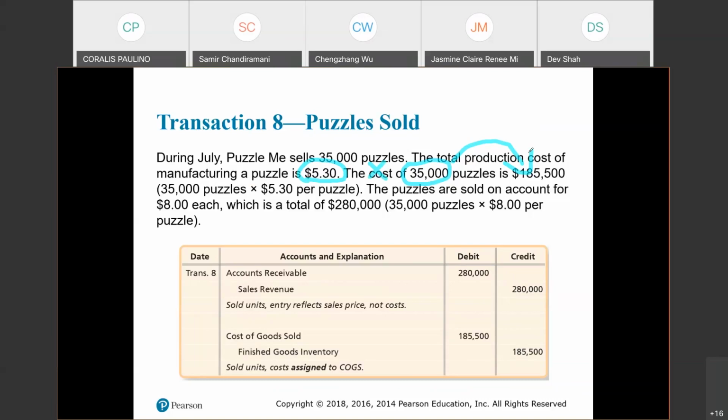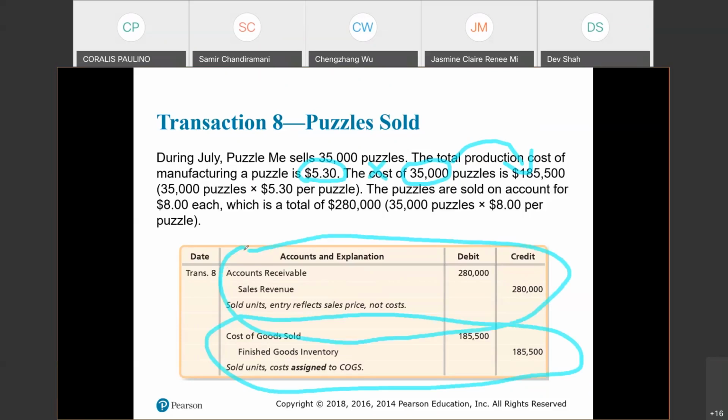One is to record the revenues, and the other one is to record the cost of goods sold. So for the COGS, we do this journal entry, and for the sales, we do the first one.